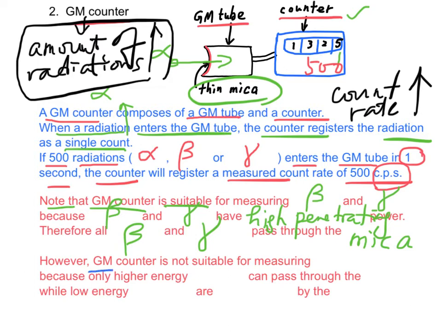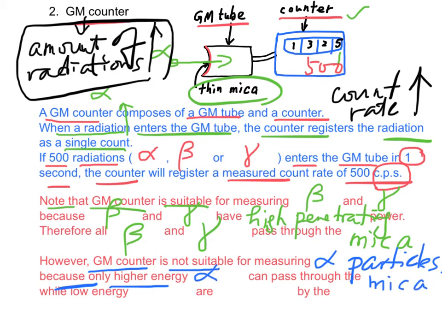However, a GM counter is not suitable for measuring alpha particles. The reason is that only higher energy alpha particles can pass through the mica, while the low energy alpha particles are stopped or absorbed by the mica.